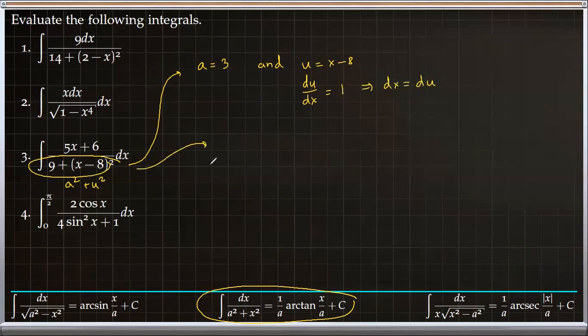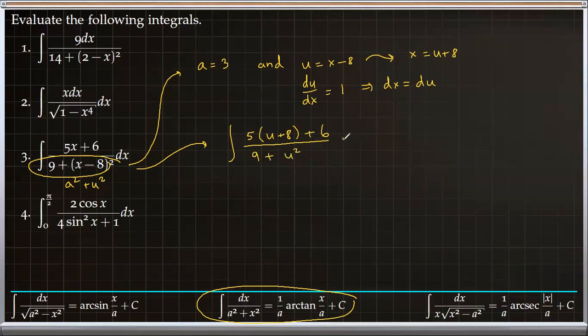So we are now ready to write this integral in terms of u. On the top, we have 5x. We can also express x in terms of u using this formula because x is simply u plus 8, adding 8 to both sides. So 5 times u plus 8 plus 6 divided by 9 plus u squared is what we have.